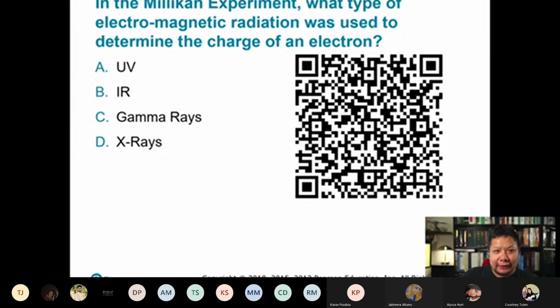And I will put a link in there for you if you need to see the link. Okay, you know what? I really screwed the pooch on this one, because I think that QR code sends you to a different thing. Let me scan it myself and see.